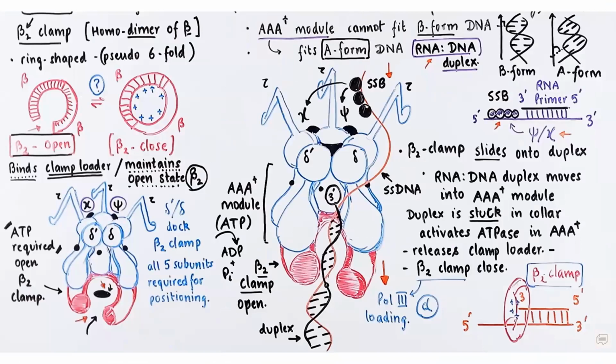The dimer has a ring-shaped structure, which you can see in the picture, and which is referred to as having a pseudo 6-fold symmetry.